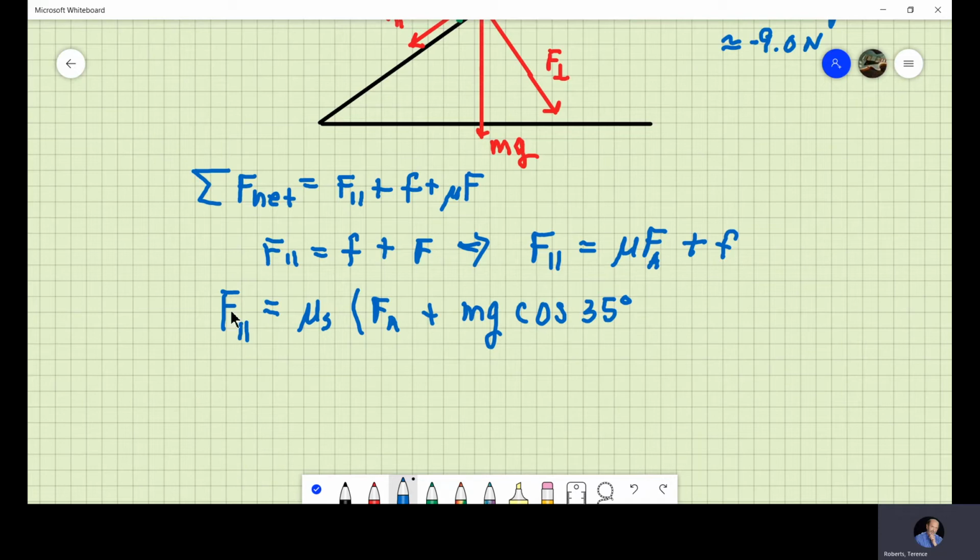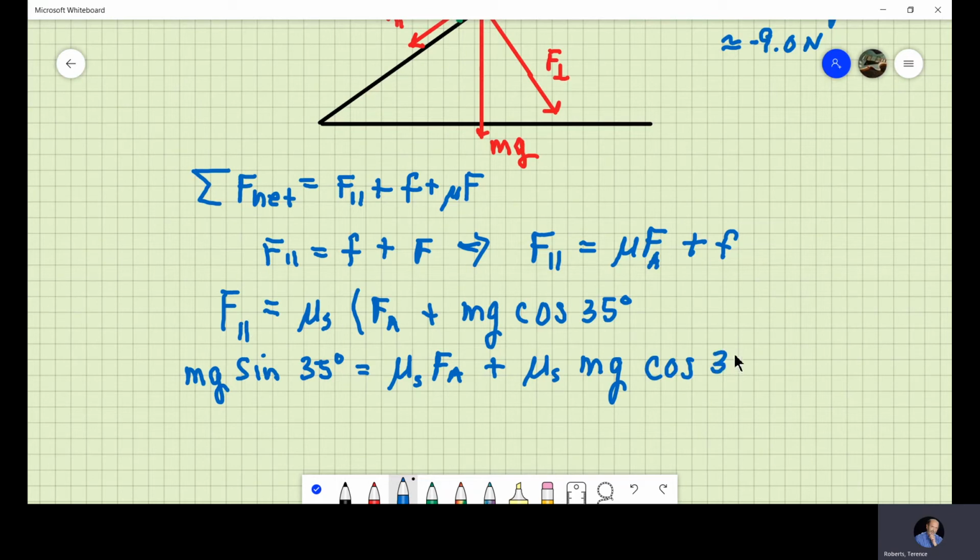Now we'll write down what F parallel is, and that's going to be mg sine of 35 degrees. We already got rid of the negative by putting it on the other side of the equal sign, so we're all set there. This is going to be equal to mu static Fa, the applied force, plus mu static times mg cosine of 35 degrees.